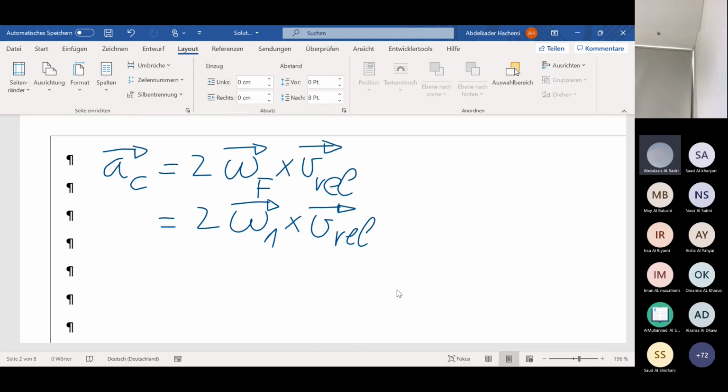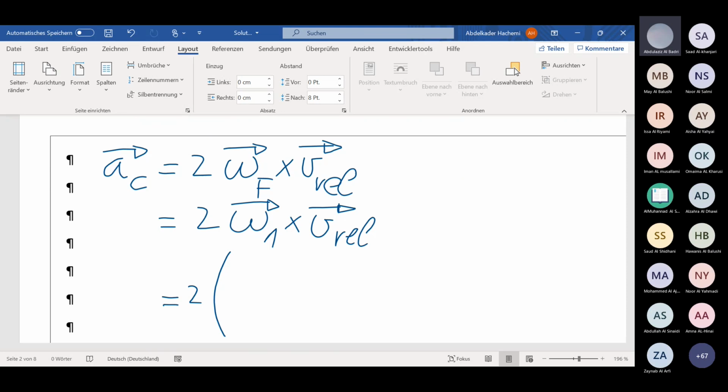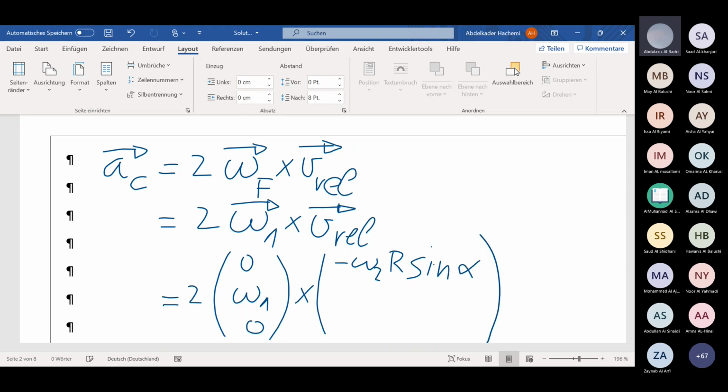If we develop further, we get 2 times omega 1, in the direction of y, 0, and V relative is minus omega 2 r sine alpha, omega 2 r cosine alpha, and 0.